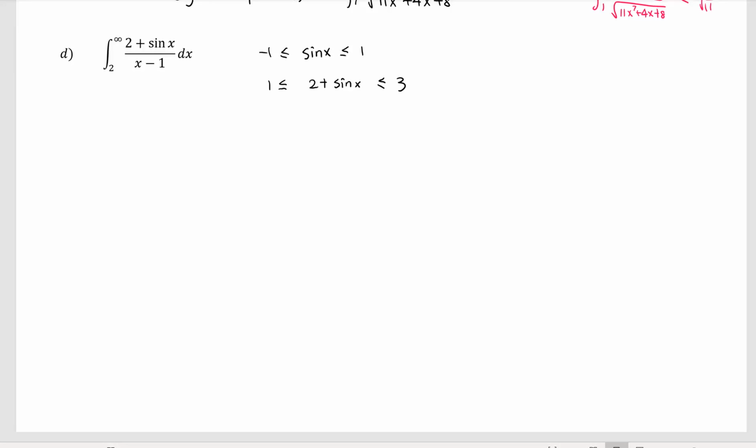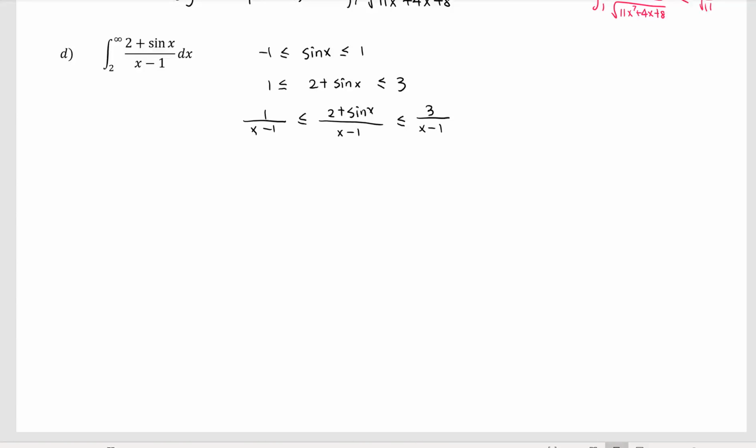And dividing by x minus 1, because x is greater than or equal to 2, so x minus 1 is positive, that won't change our inequality either. So now we get that.